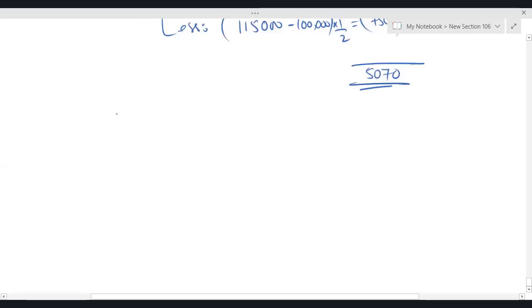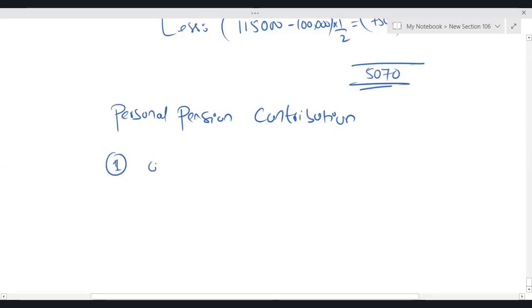Basically, in case of personal pension contribution, whatever the individual pays is taken as 80%. Repeat: in case of personal pension contribution, whatever the individual pays is taken as 80%.